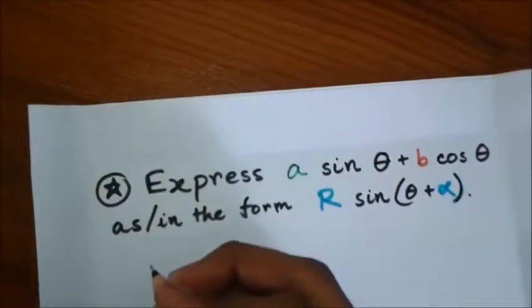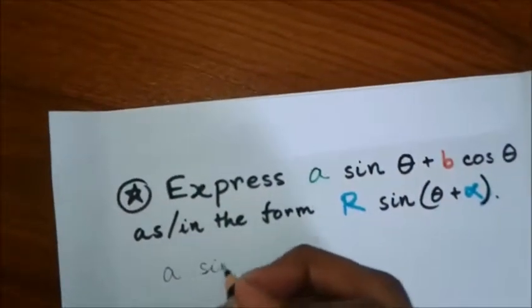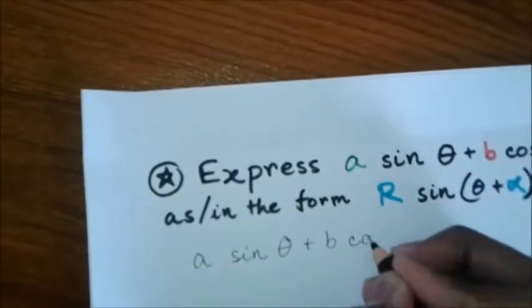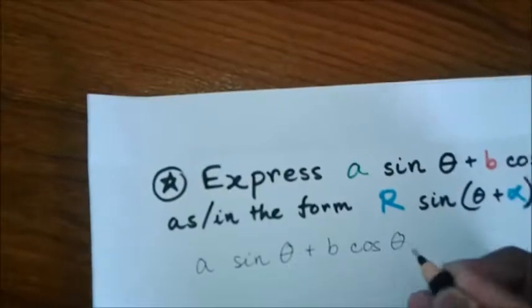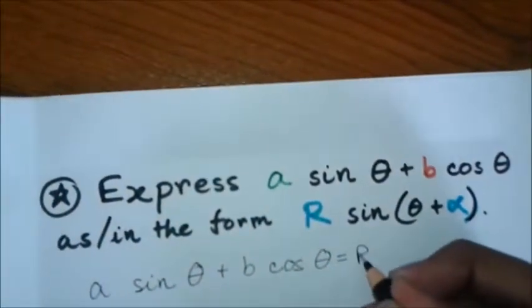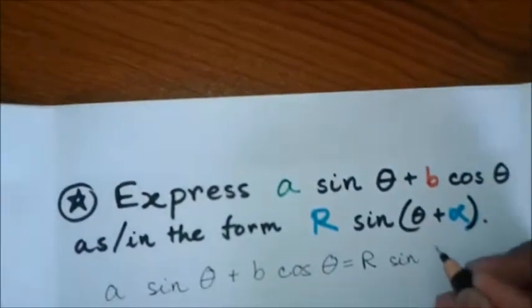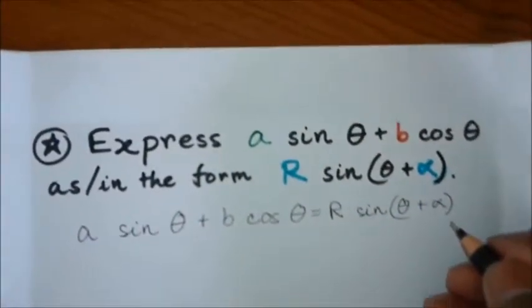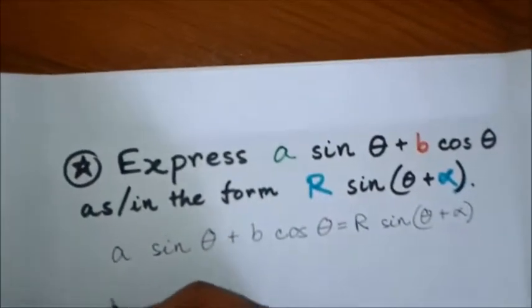So take a sine theta plus b cos theta. Let's equate that to r sine theta plus alpha. Now let's expand r sine theta plus alpha.